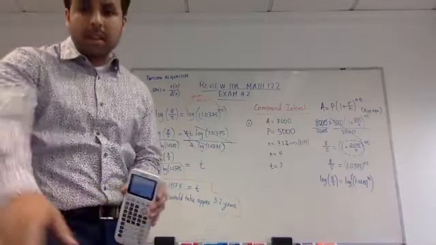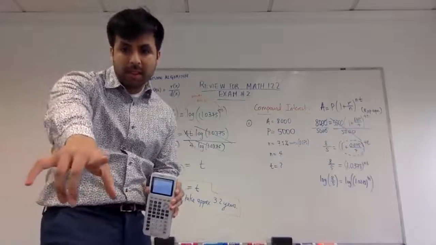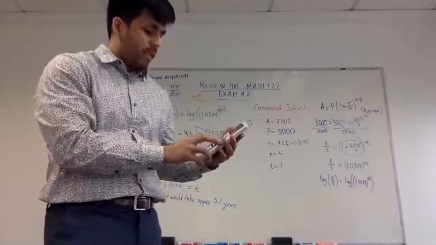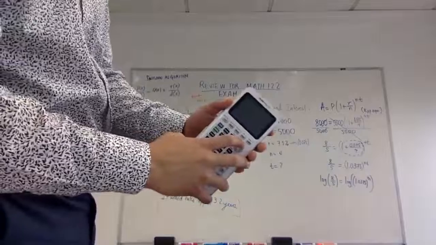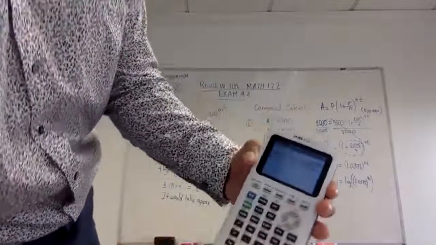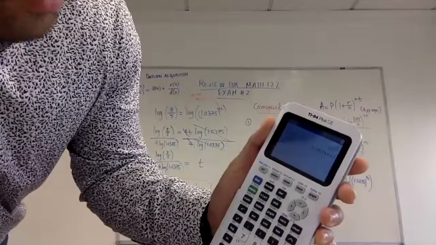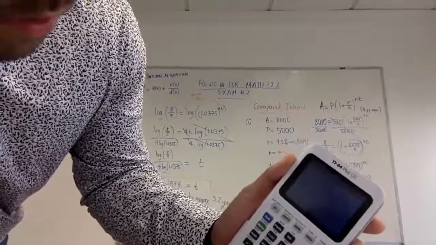Oh, Gabriel. Thank you. I made a little mistake. You're right. This should be 4. Uh-oh, so this is not right. So, okay, let's rewind. Thank you, Gabriel. So this is divided by 4.